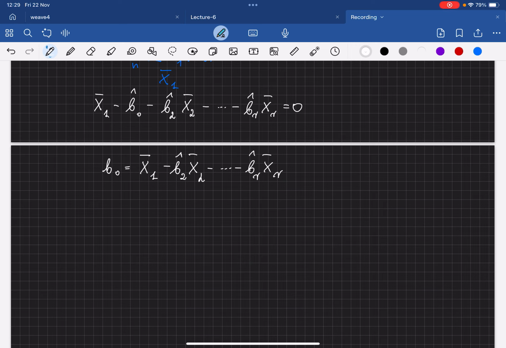So this formula says that a point with coordinates being sample means of all the variables belongs to the graph of my regression function.